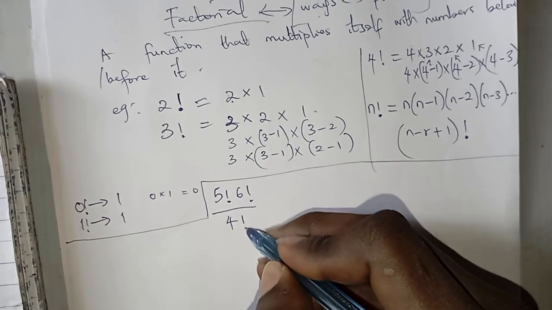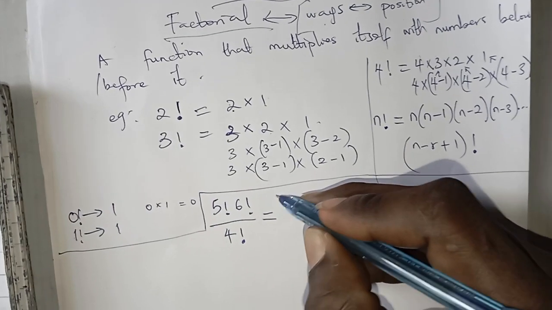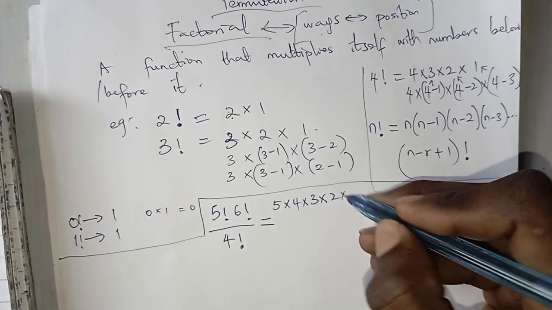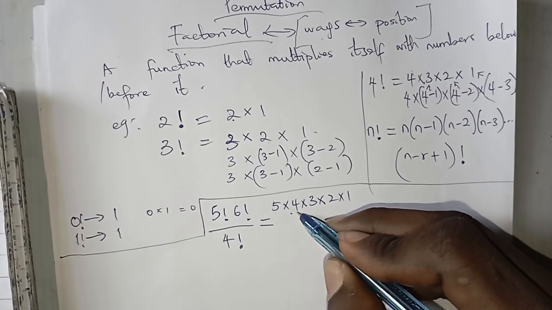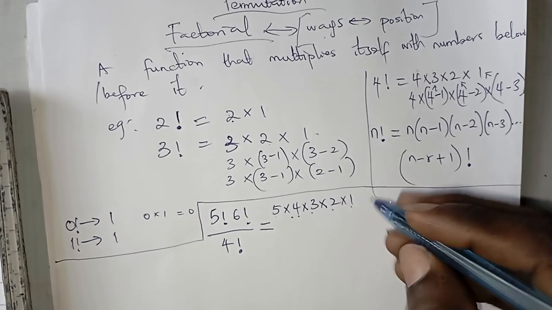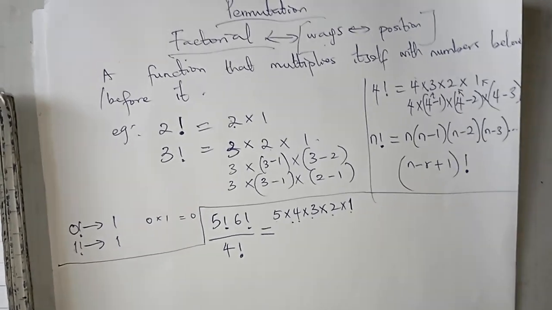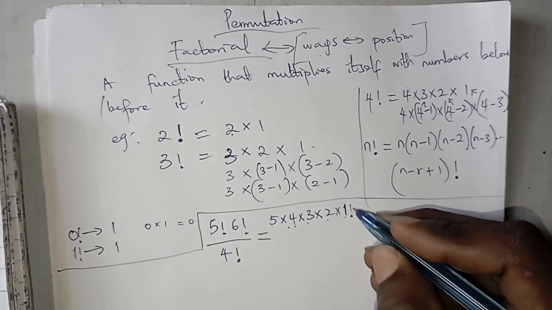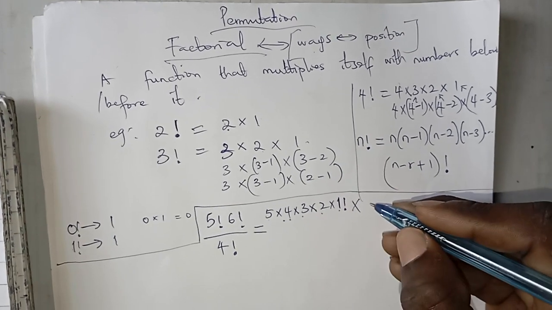Let's say I'm asked to find 5 factorial, 6 factorial, all over 4 factorial. 5 factorial is 5 times 4 times 3 times 2 times 1, which is the same as 5 times (5 minus 1) times (5 minus 2) times (5 minus 3) times (5 minus 4). Once you're able to represent it to the lowest part, the last part you leave is 1 factorial.